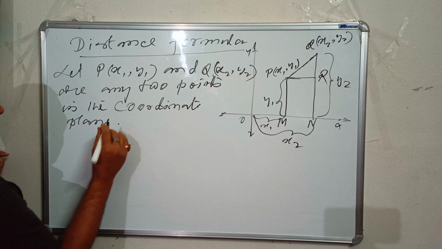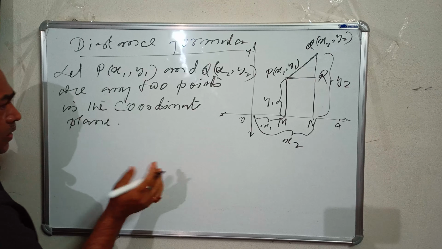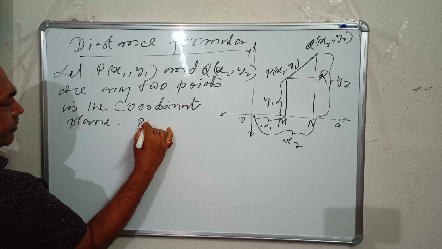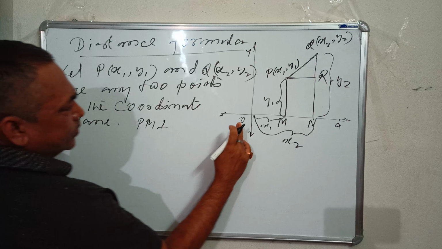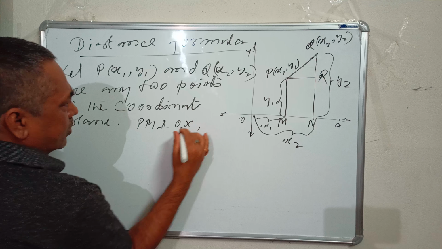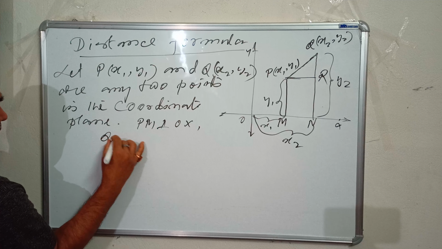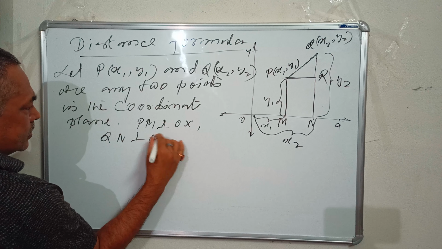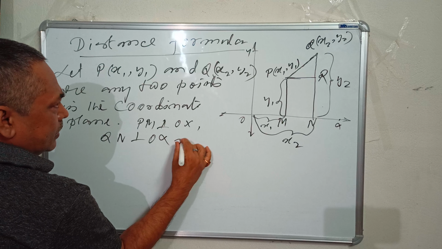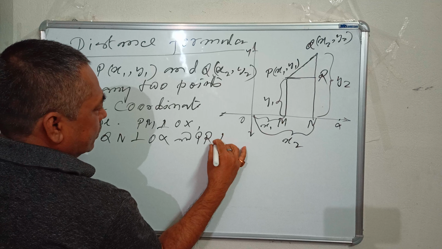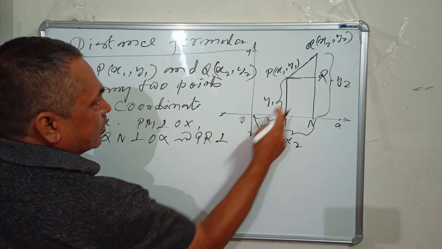Okay, and here we have drawn some construction. So PM perpendicular to OX, QN perpendicular to OX, and PR perpendicular to QN.